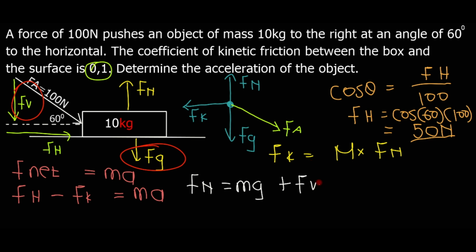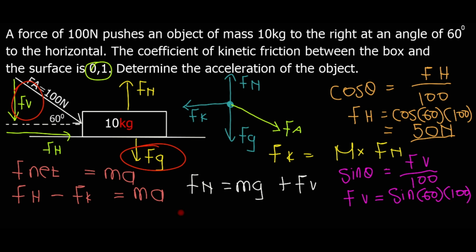To find Fv, we use a trig ratio: sin theta equals opposite over hypotenuse. This is Fv over the hypotenuse. From there, Fv equals sin 60 degrees times 100.